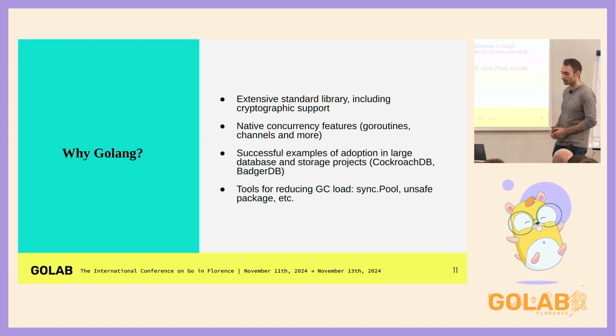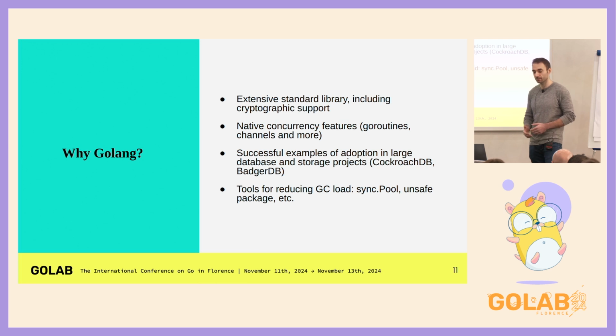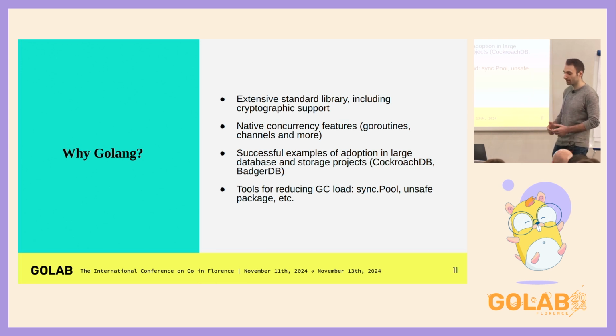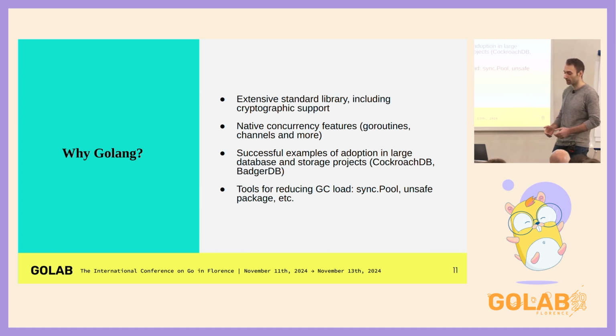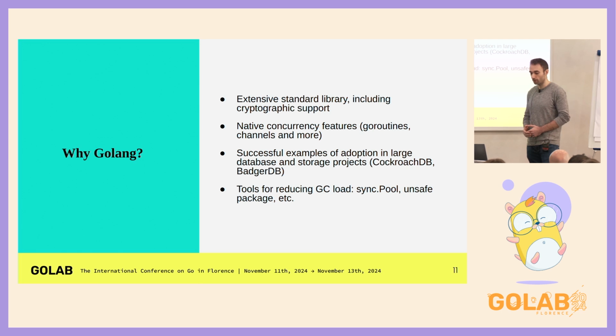Being a database, of course, we couldn't avoid noticing that goroutines and channels, and everything built into the language, would make our life easier in scaling performance-critical sections. We also had several quite successful examples of adoption in larger code bases, such as CockroachDB or BadgerDB, which are well-known and established databases written in Golang.